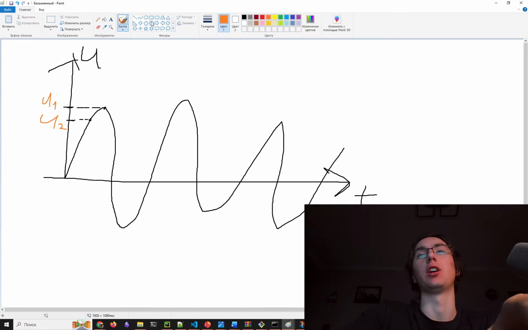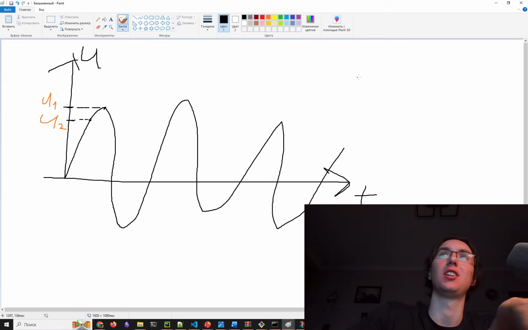I don't know how voltage is labeled in your system, but usually we use the letter U. Basically this converts to some value, and it depends on how much the difference is here.